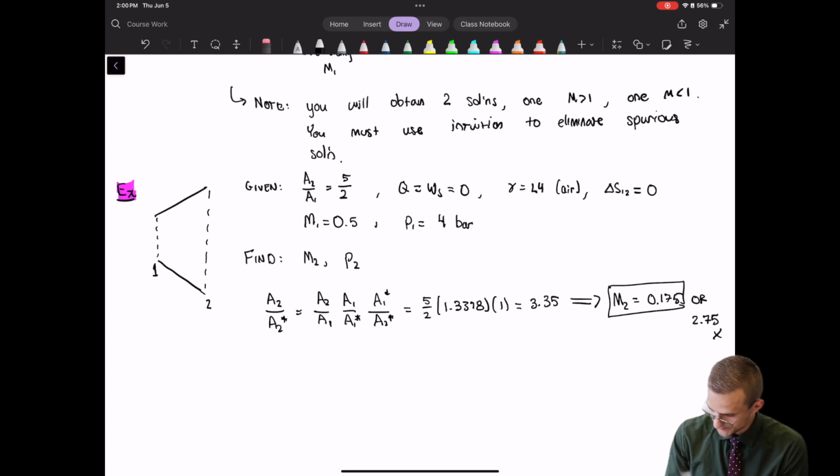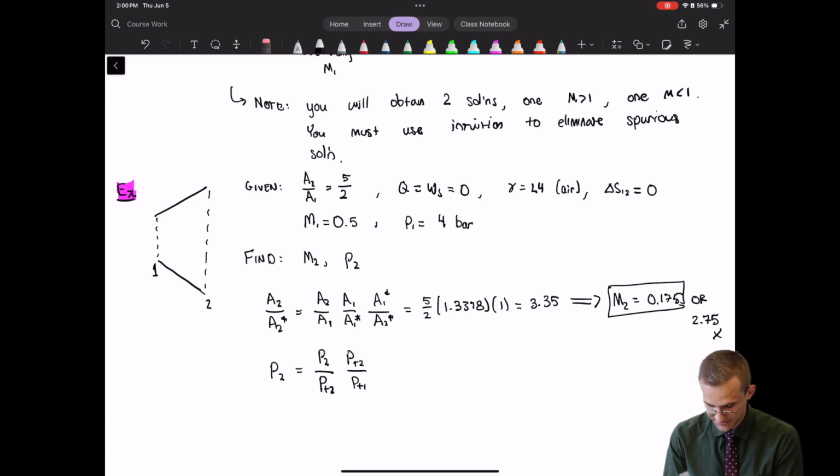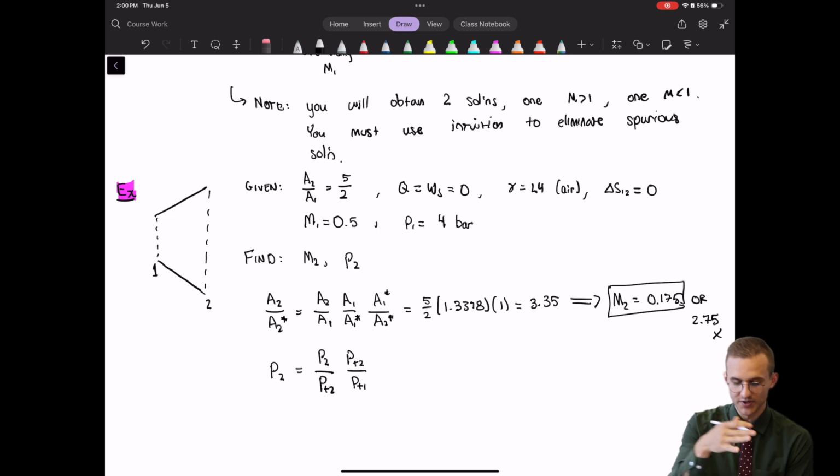So we can write down P2 and expand it as a bunch of canceling fractions. PT2 over PT1 is just going to be 1, because the state transition from 1 to 2 is isentropic.